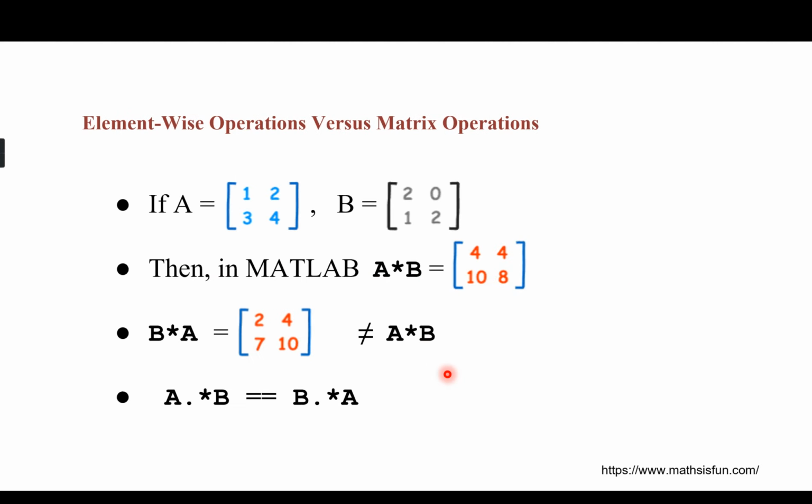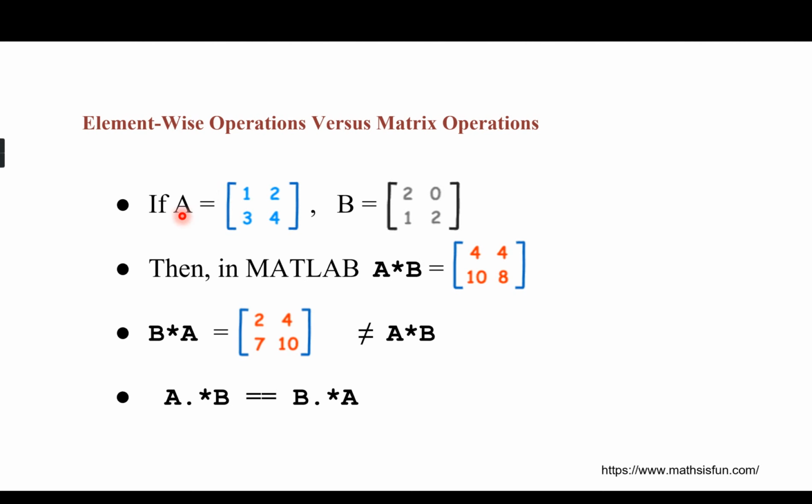And remember, we said MATLAB is short for matrix lab. So whenever we try to multiply 2 matrices together, or 2 vectors together in MATLAB, MATLAB will assume we want to do matrix multiplication by default. So let's look at this example here. We have 2 matrices, both of size 2 by 2, 2 rows, 2 columns.